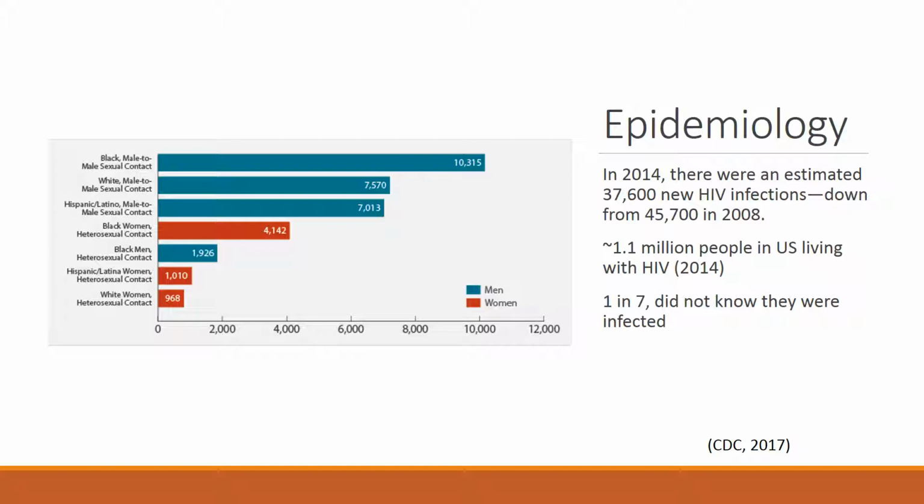There is about 1.1 million people living in the U.S. with HIV, and unfortunately 1 in 7 of them didn't know they were infected. So it's really important to be screening everybody. The great news is rates are going down significantly, and that is really reassuring and super positive.